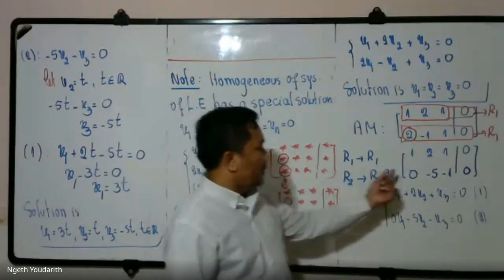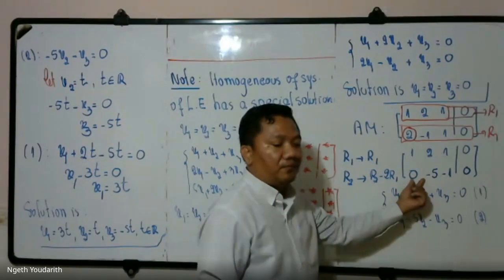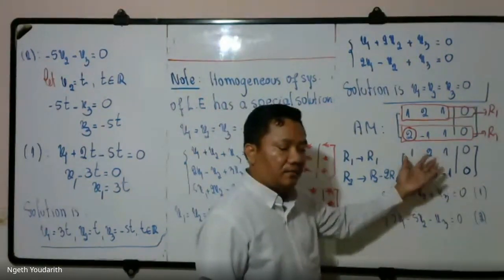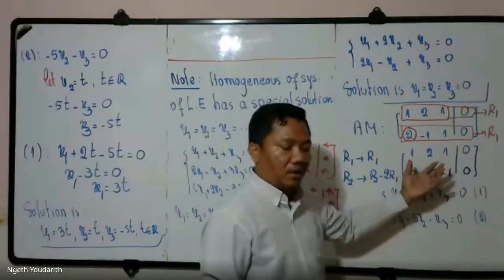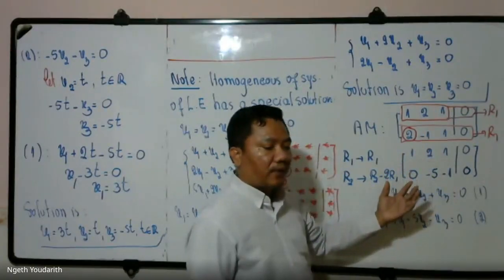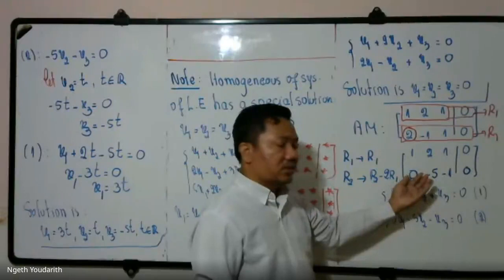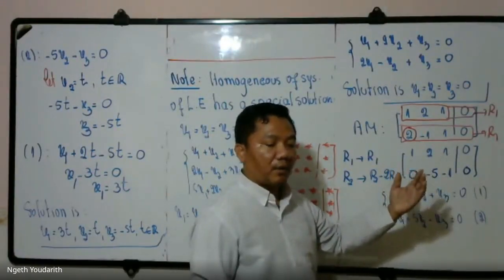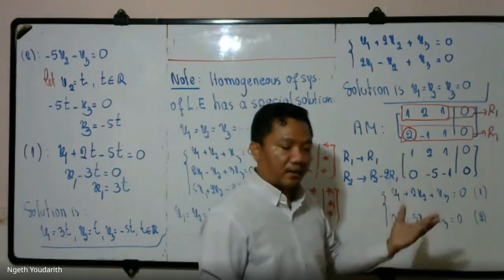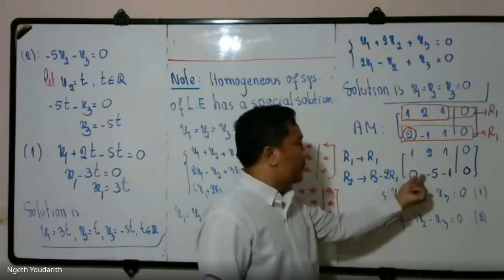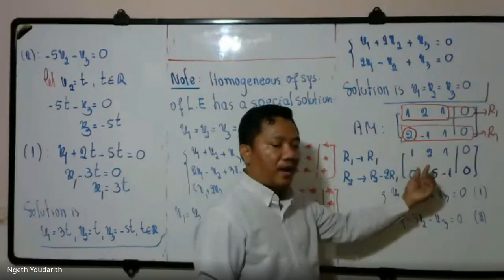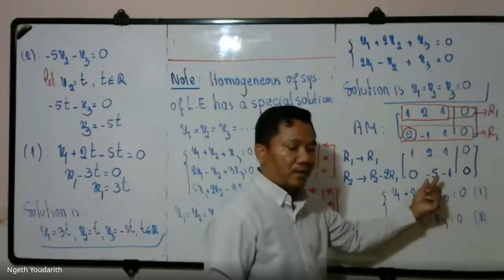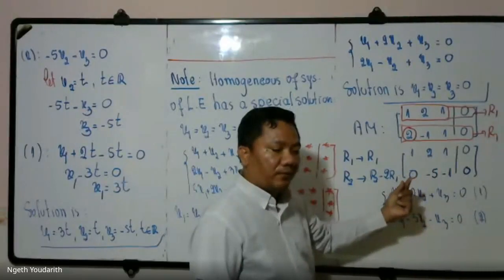If we don't eliminate some variables, it means that you have one equation but three variables. So when you want to find the solution, you should leave 2 variables or 3 variables in parameters. If you convert this one to 0, you have only 2 variables in this equation, so it is easy to find the solution.